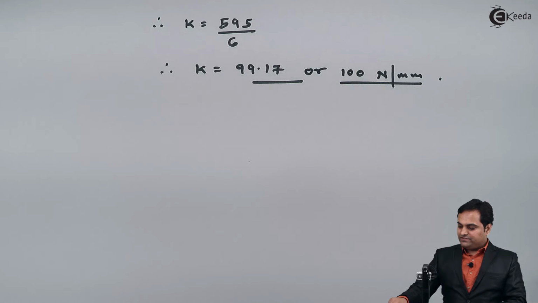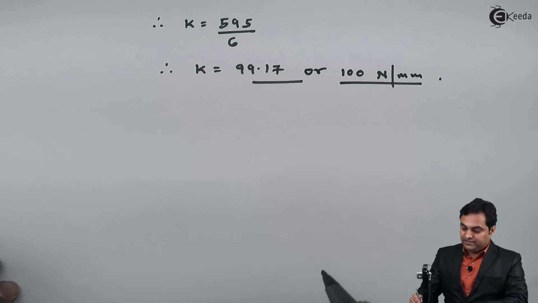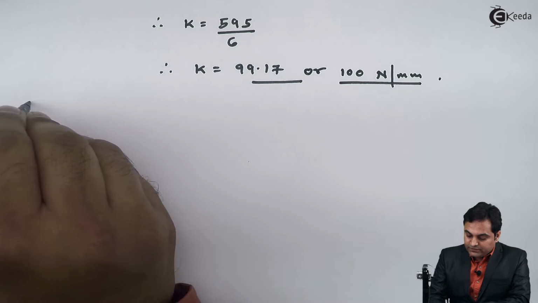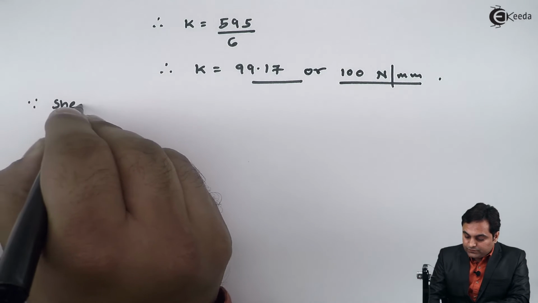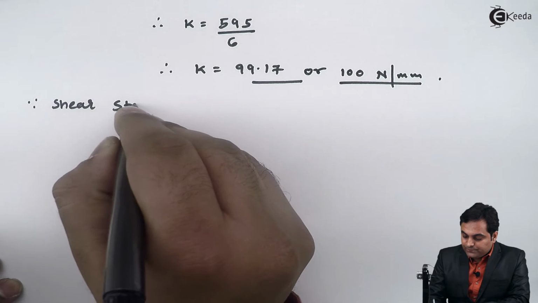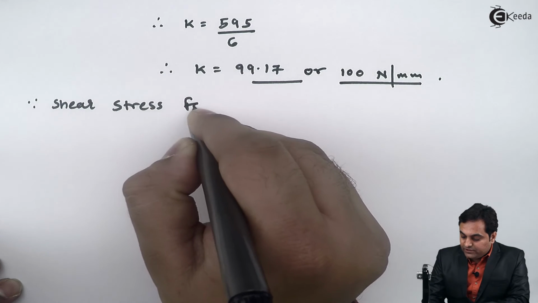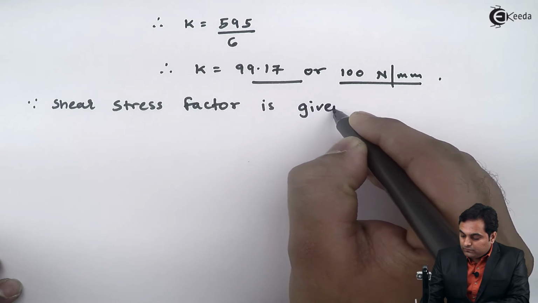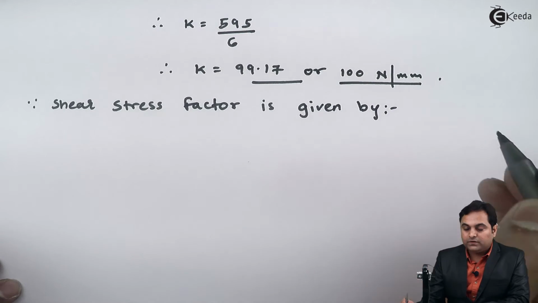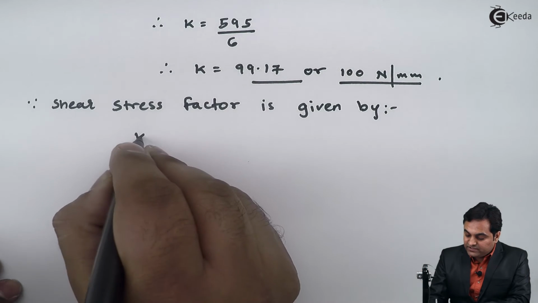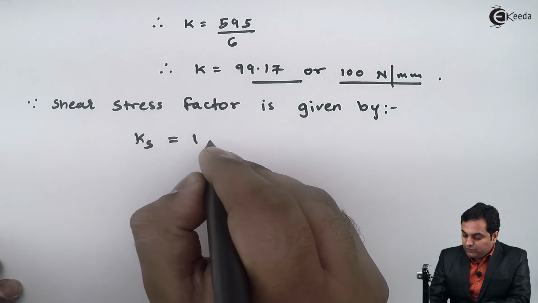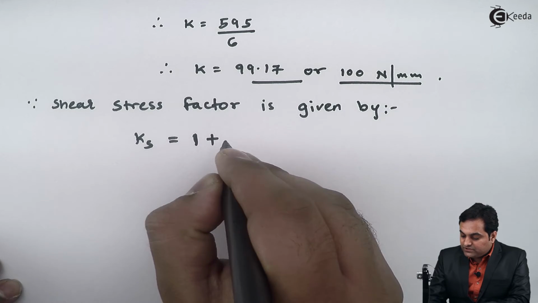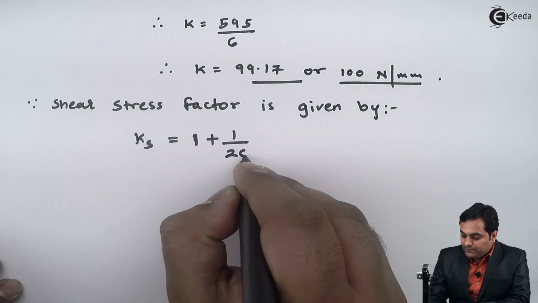After getting stiffness, I'll say that since shear stress factor is given by K suffix S, that is equal to 1 plus 1 upon 2C.